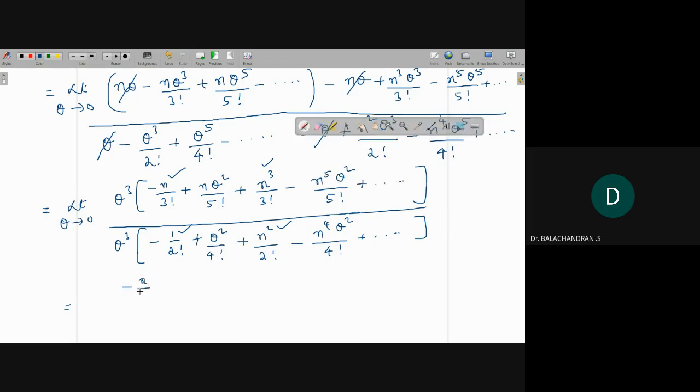Three factorial is 6. Then plus n cube by 3 factorial, which is 6.